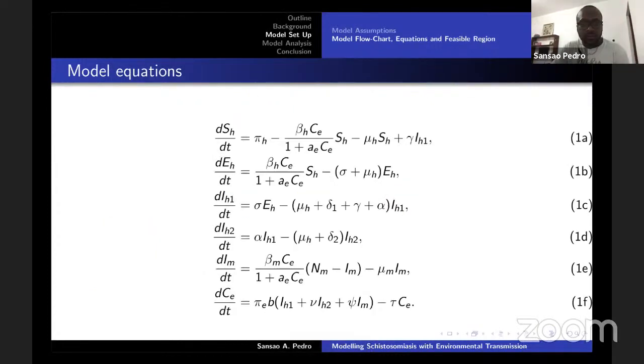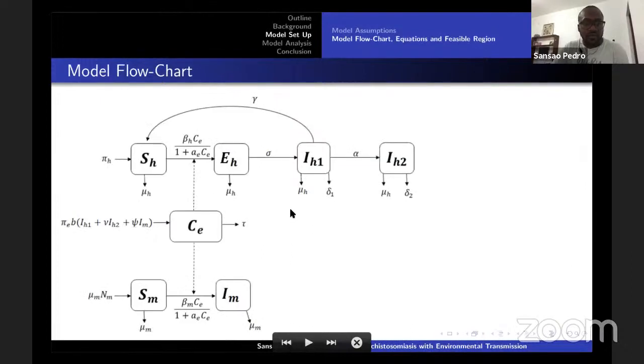Okay. From the flow chart, I think it is straightforward to understand: those that come in have a plus, those that go out have a minus.